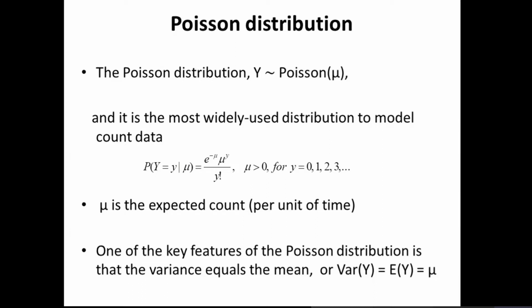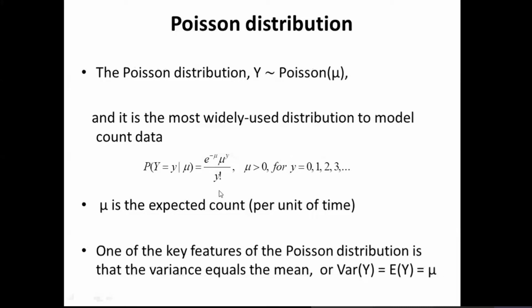So the probability of getting small y observations or outcomes, given a certain average, is equal to this formula. I think you know this formula from your biostatistics 1 course. e to the power of minus mu, times mu to the power of y, over y factorial, is the probability, for mu greater than 0, always mu is greater than 0, and y starts from 0, 1, 2, 3, etc. No limit.